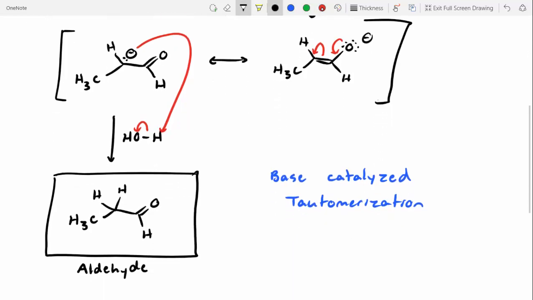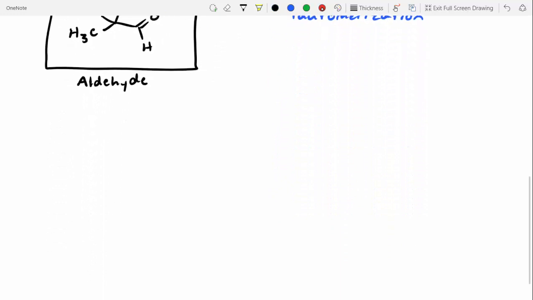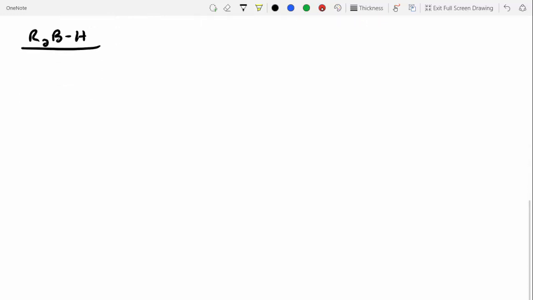So let's go down and cover some of those catalysts. The first one looks kind of crazy. We've got groups coming down there and a hydrogen coming off the boron. So you can see it's very, very bulky.